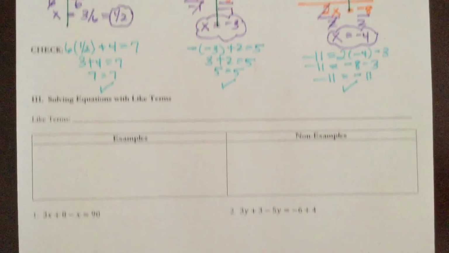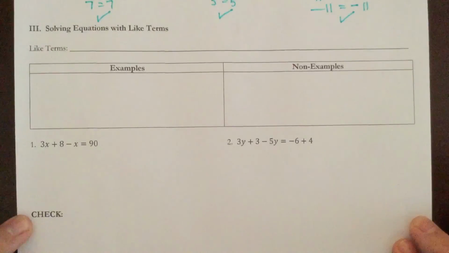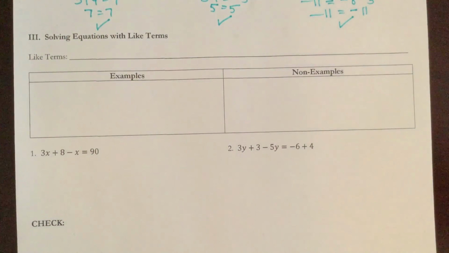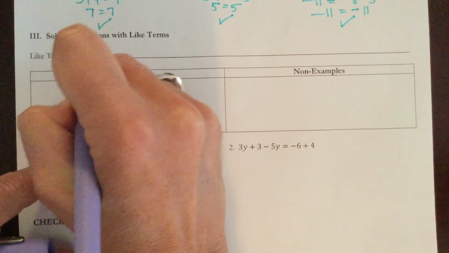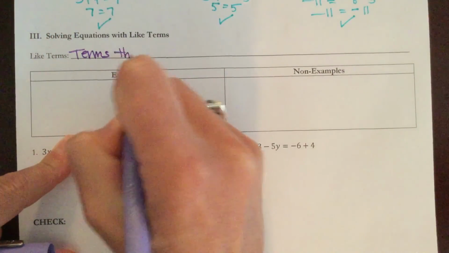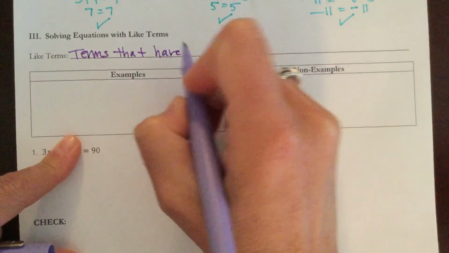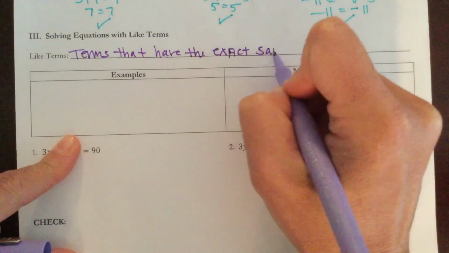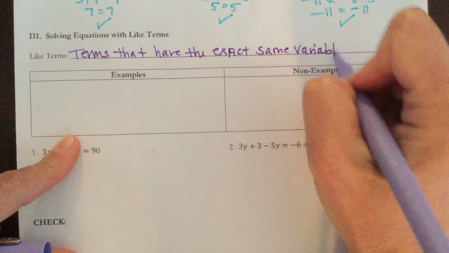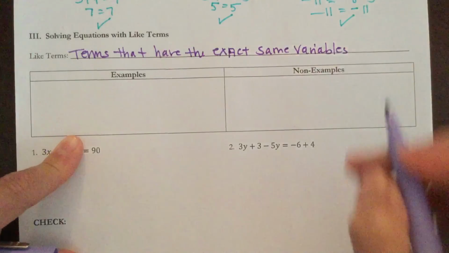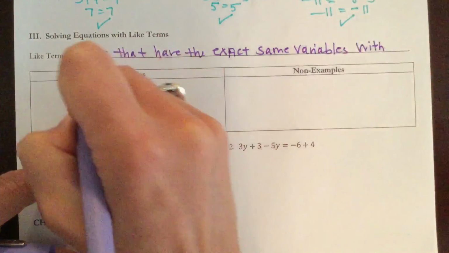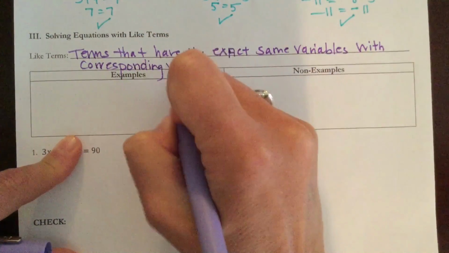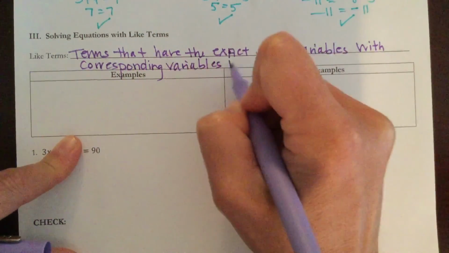The next type of problem we want to solve are equations that involve like terms. It is important for us to understand what like terms are. Like terms are terms that have the exact same variables with corresponding variables raised to the same power.